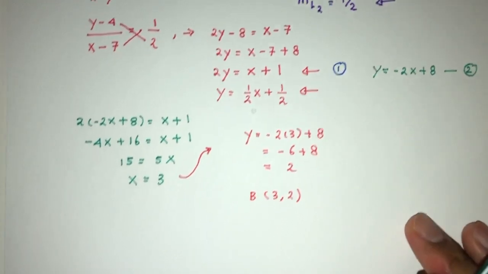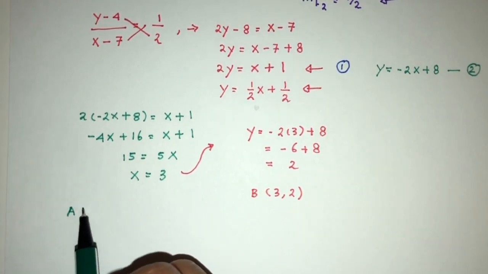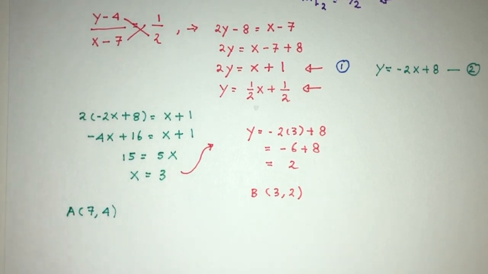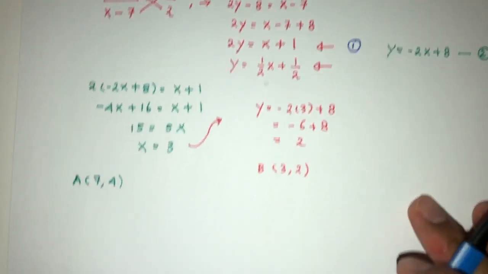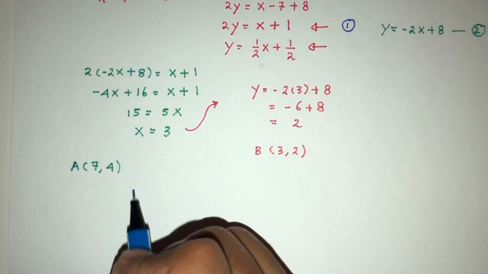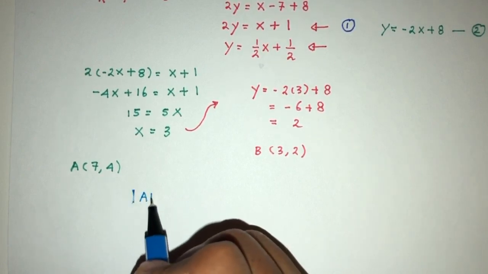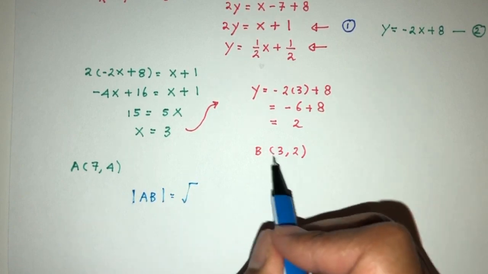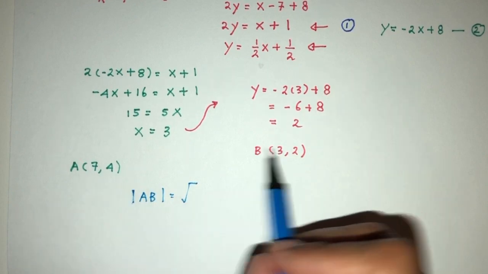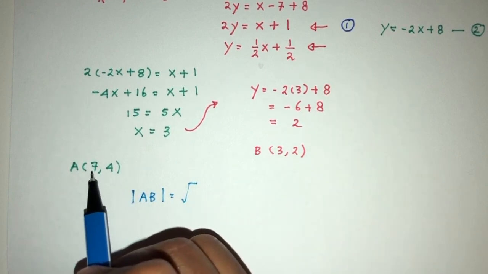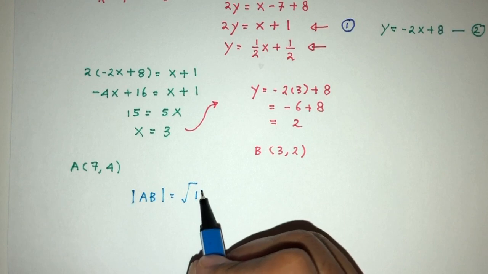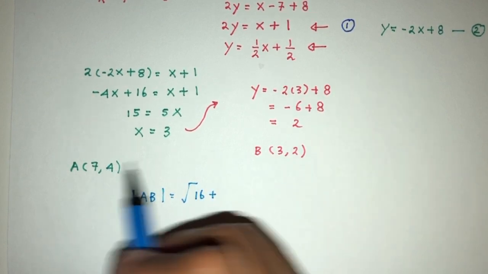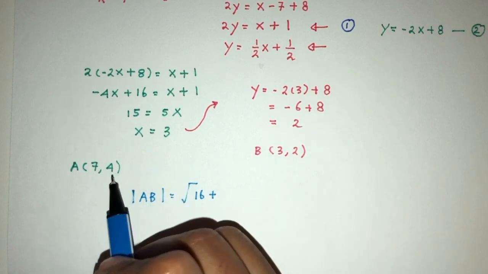Right. So now we have to find the length of AB. A was found to be (7, 4), and B is this. To find the length, obviously, we can just use the formula that we know. The length of AB is the square root of x2 minus x1, so 3 minus 7 is minus 4, squared is 16, plus y2 minus y1, that is 2 minus 4 which is minus 2, squared is 4.